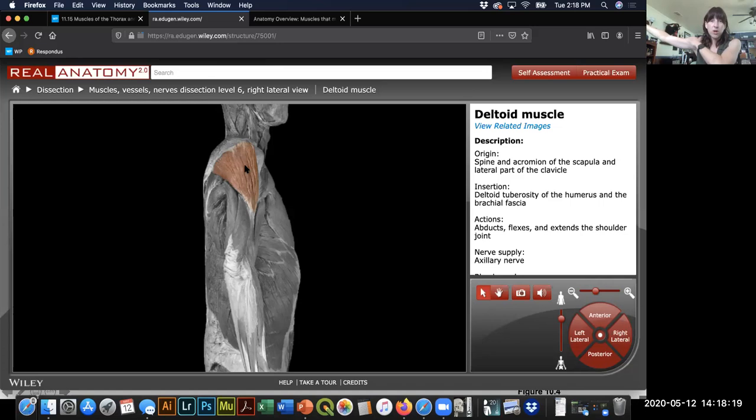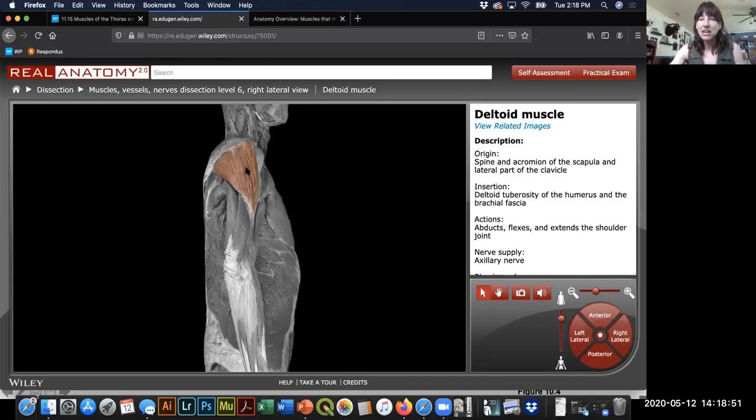And then what was once the prime mover becomes the antagonist in the opposite motion, right? Adduction. And then those muscles that were the antagonist before become the prime mover. So there's always at least a pair of muscles that pull in opposite directions. So they do both sides of the same action, right? Flexion versus extension, abduction versus adduction, etc.